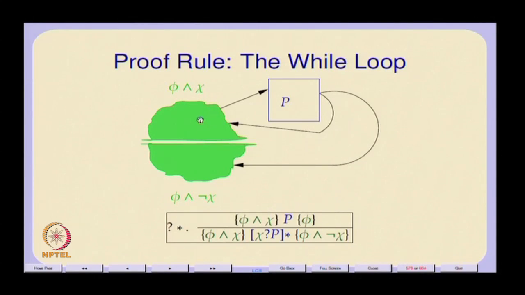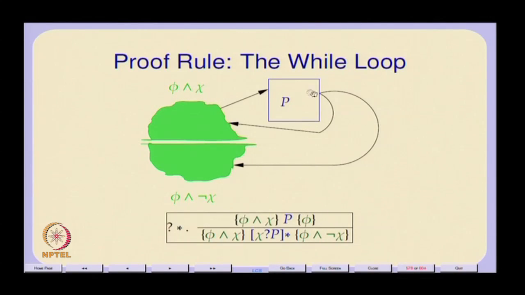But if it starts from a state satisfying phi and chi, then it comes back to some other state, maybe satisfying both phi and chi, or it goes to another state satisfying phi but not chi. Okay.